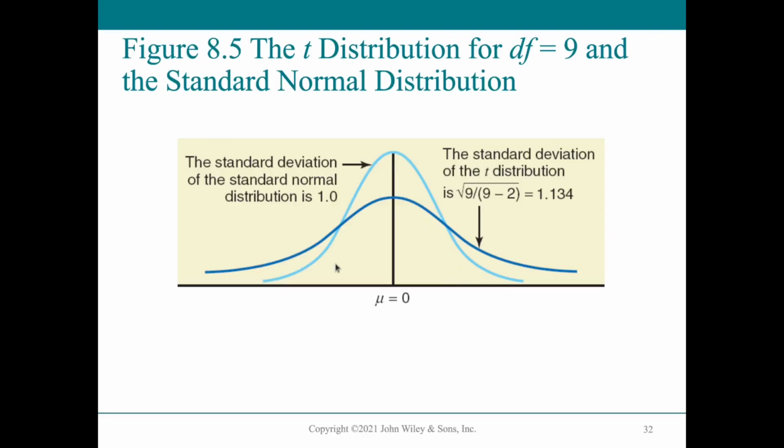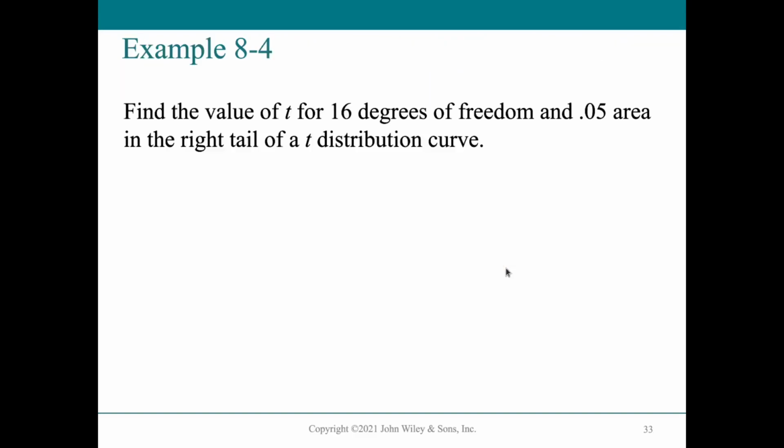That's one of the differences. However, if you have larger and larger sample sizes, this flatter dark blue curve, the t distribution, will become taller and taller and approach the normal distribution.